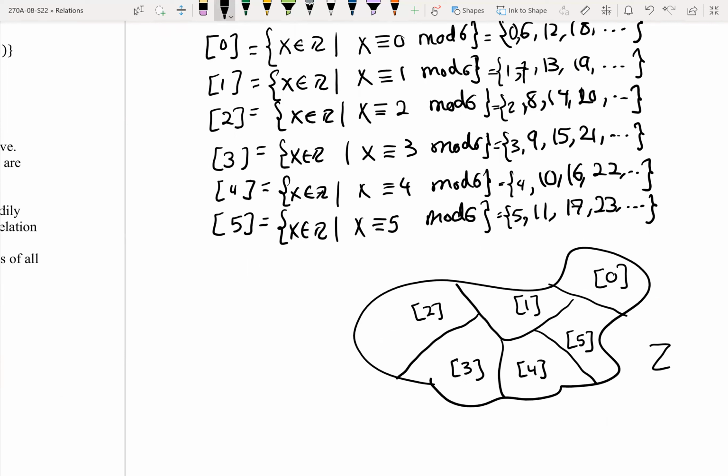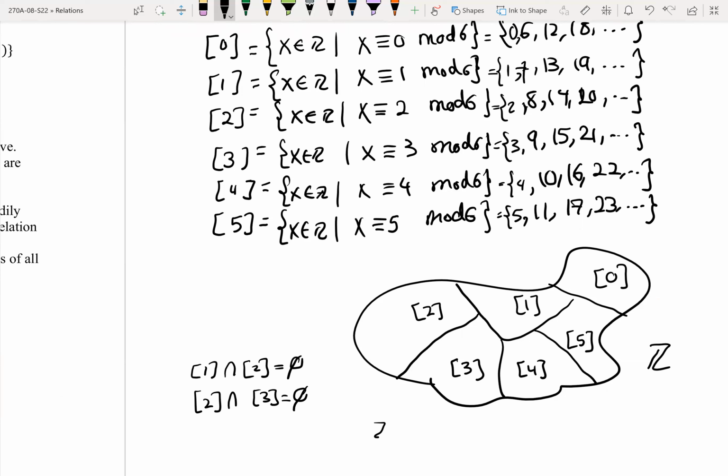So the set of all integers is divided into 6 different classes of equivalency which have no intersection. There is no way any of these classes of equivalency have the same element.